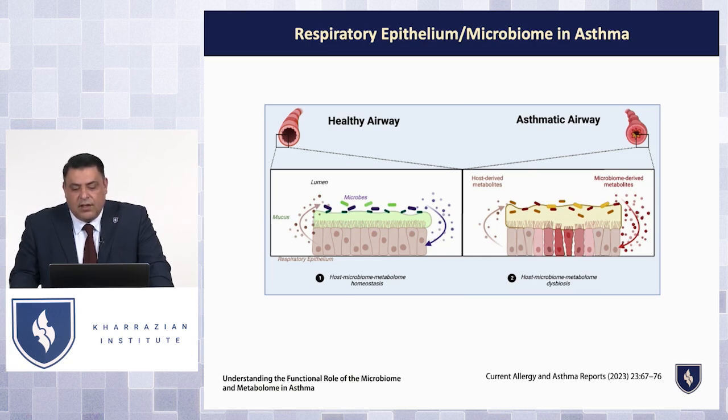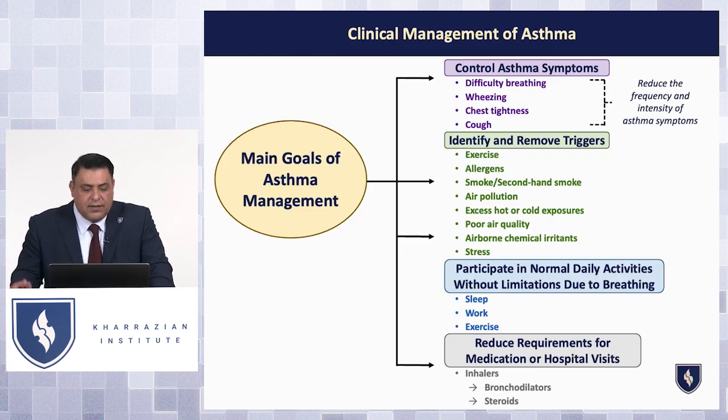Now, when you're working with patients that have asthma, you want to make sure you clearly define what the clinical goals are when it comes to their management. So one goal would be just to control their asthma symptoms. And when we say control their symptoms, whether it's difficulty breathing or wheezing or chest tightness or cough, it's to reduce the frequency and intensity of their asthma attacks.